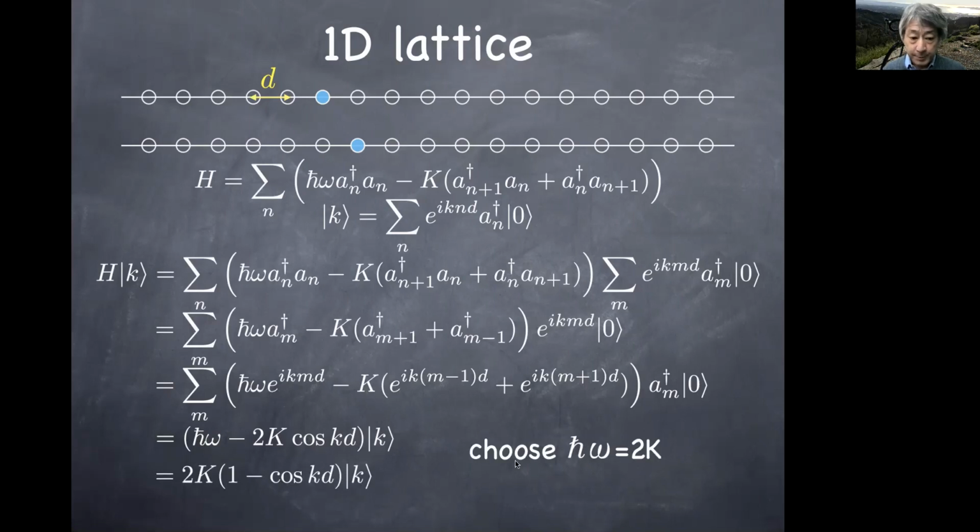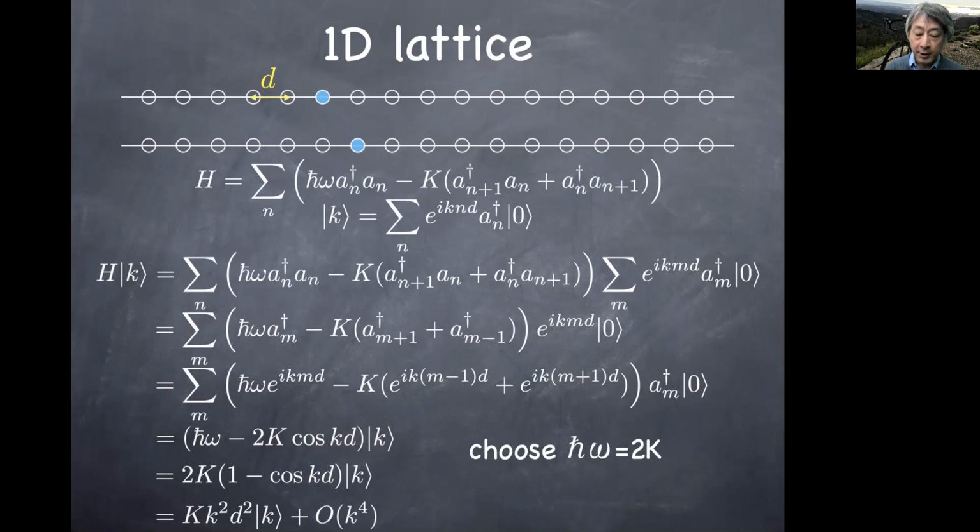And the reason why this choice makes sense is that once you take a limit where d goes to 0, 1 minus cosine kd turns into k squared d squared over 2. So that cancels a factor of 2. So you find something that is quadratic in k. There are, of course, higher order pieces in d, but when you send d to 0, those terms become negligible.